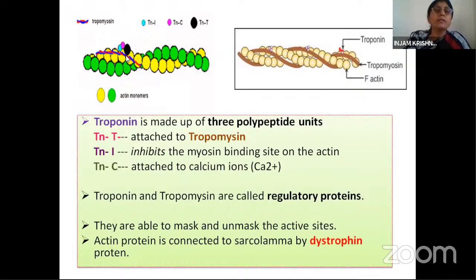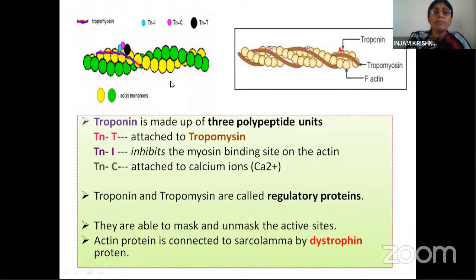Next is TNI, the light blue one. What is the function of TNI? It inhibits the myosin binding site on the actin.